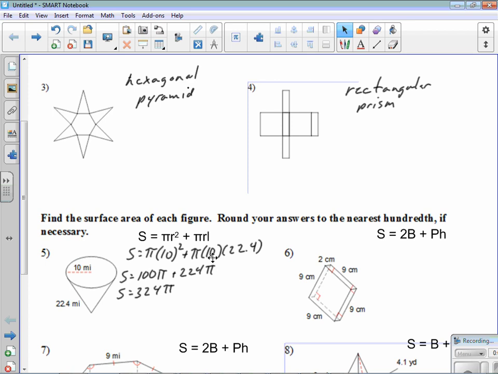So 324 pi. If we multiply that out, it's going to give us a surface area of 1017.88, taking it to the hundredths place, miles squared.